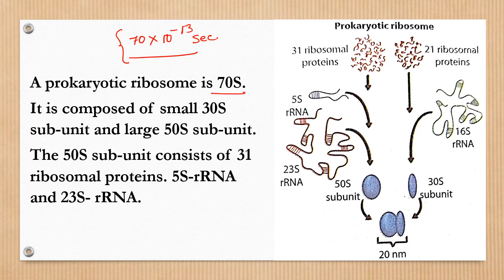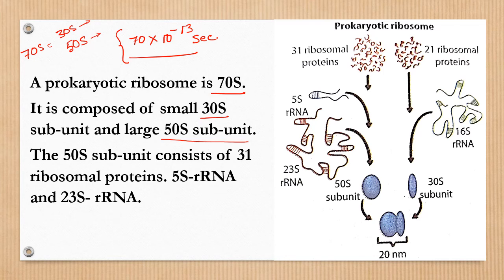And this 70S ribosome is composed of two subunits: a small subunit, that is the 30S subunit, and a large 50S subunit. So 30S is the small subunit and the large subunit is 50S.